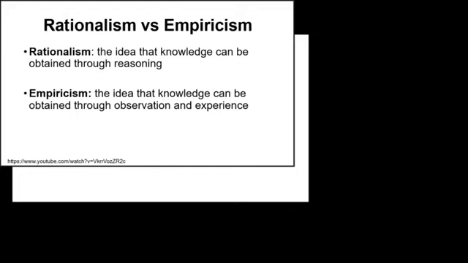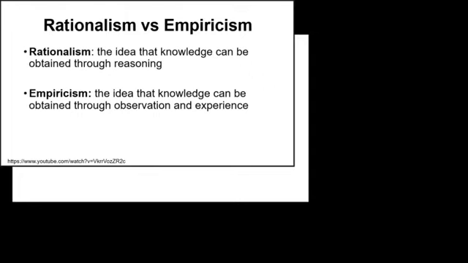So in our chapter 1 discussion, we talked a little bit about that transition from rationalism to empiricism. And rationalism was the idea that knowledge can be obtained through reasoning. So that was when they would sit and think about thinking to try and understand how the mind worked.